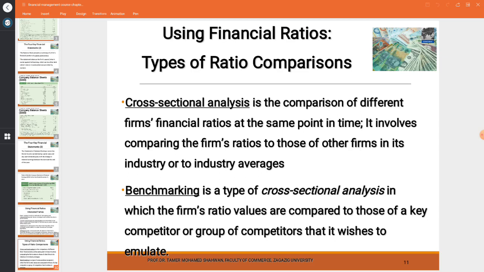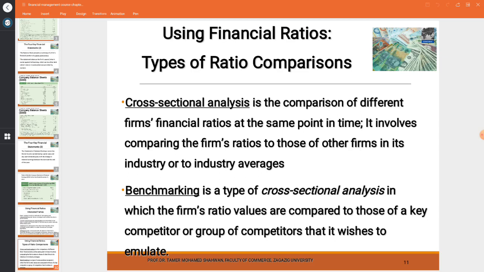We have a very important concept called benchmarking. What is the meaning of benchmarking? Benchmarking can also be considered a certain type of cross-sectional analysis in which the firm's ratio values are compared to those of a key competitor or a group of competitors that it wishes to emulate. Yani, for instance, you are working in the cement industry and you would like to benchmark your performance.